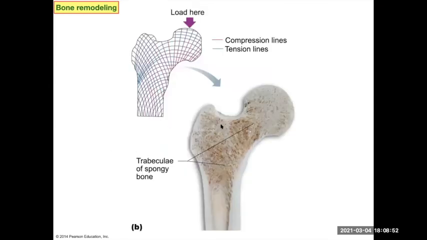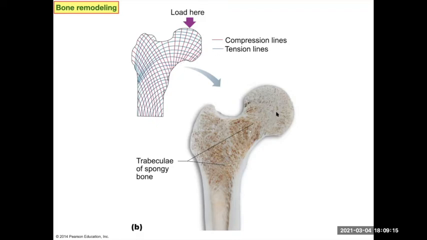So how this is going to be reflected is in the trabeculae, right? All the struts, all that spongy bone in the middle. This is a more schematic picture of these lines that are going to face the compression, the purple ones, versus the blue ones here facing the tensional forces, right?